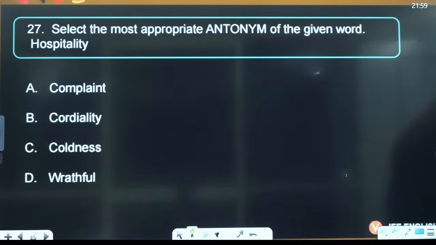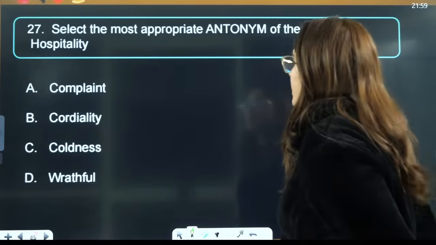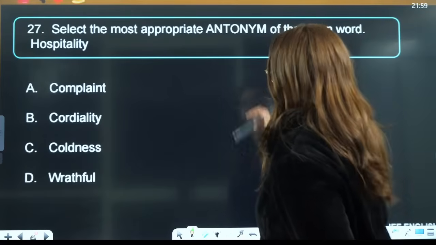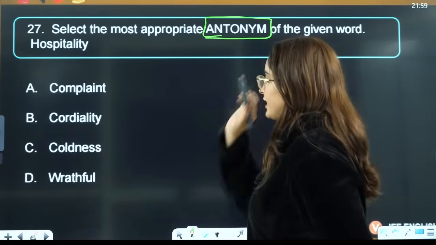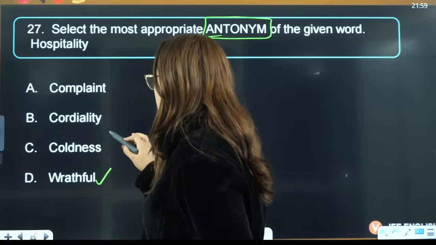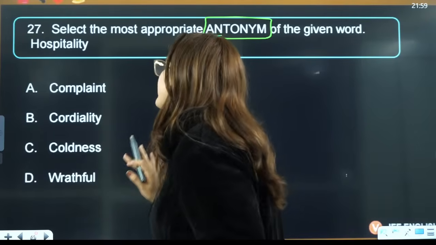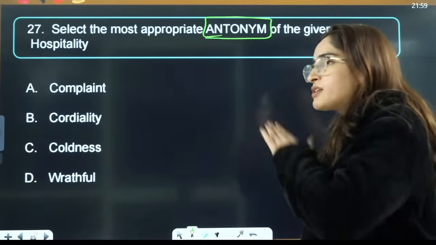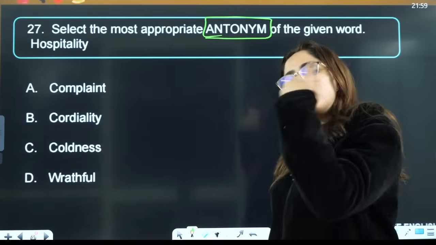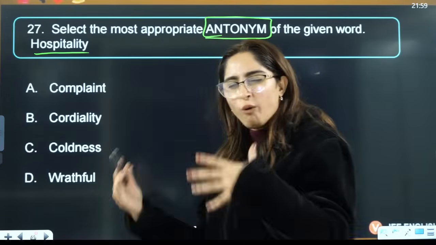Cordial also means the same. They're asking antonym, na? Achha, they're asking antonym. I was just checking the synonym here. So warmth and hospitality are the same thing. Cordiality and hospitality are the same thing. Complaint is a different thing, not the synonym, not the antonym.